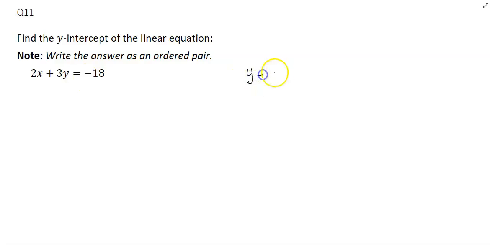You know that the y-intercept is an ordered pair where the x of the ordered pair is 0.